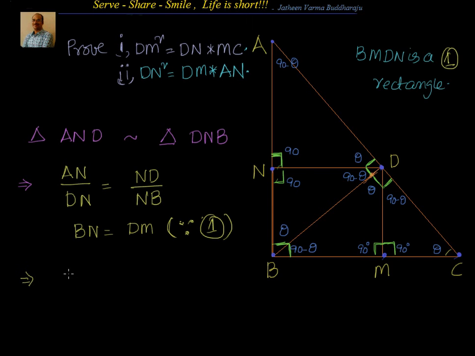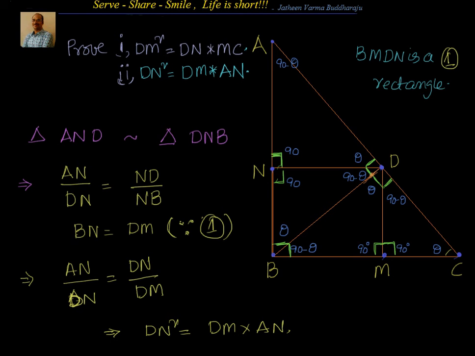Now if we substitute, we'll have AN divided by DN is equal to ND, or DN divided by BN, which is nothing but DM, because BMDN is a rectangle. We have all interior angles 90 degrees. So when you do cross multiplication, you will get DN square equal to DM into AN.